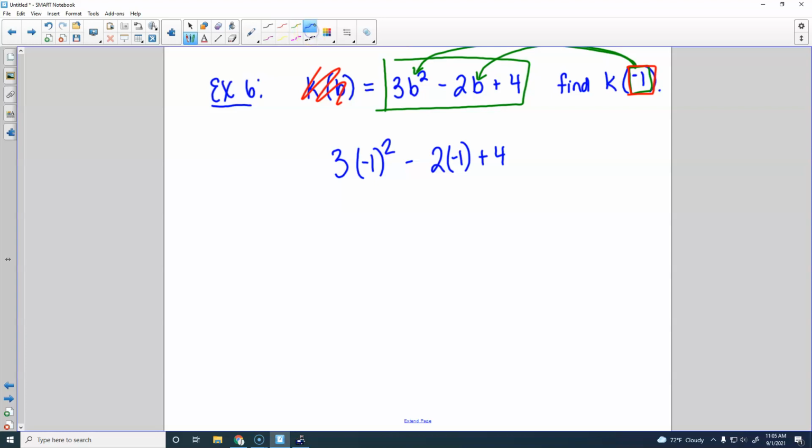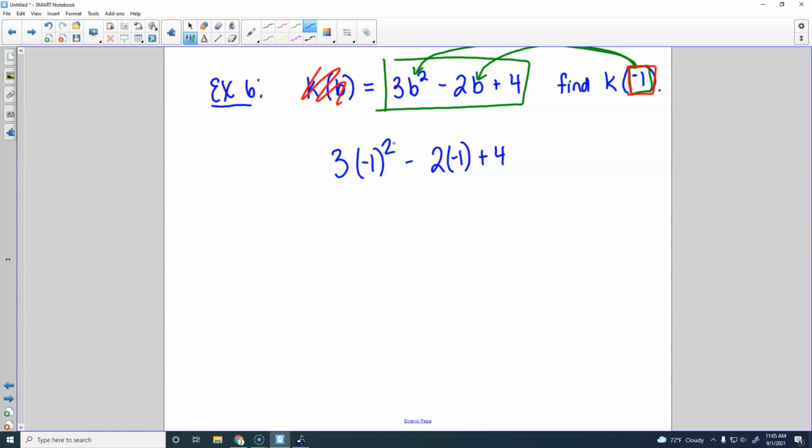So when we look at this one, Passion, what would we have to do first? The power right here, right? We're going to leave the 3 alone right now. Negative 1 to the second is what we're going to do. What is negative 1 squared? It's not negative 2.